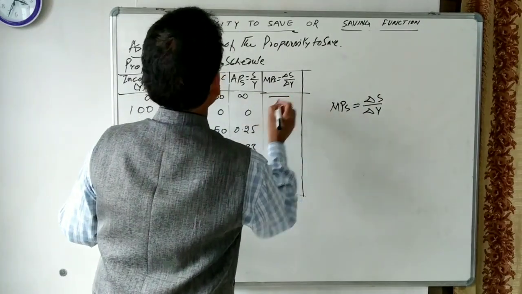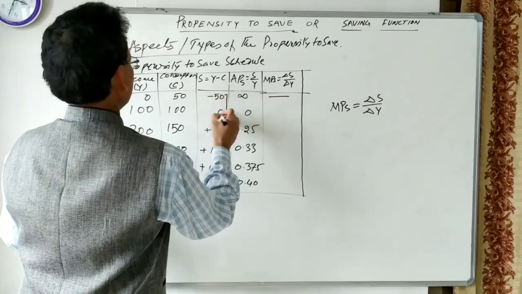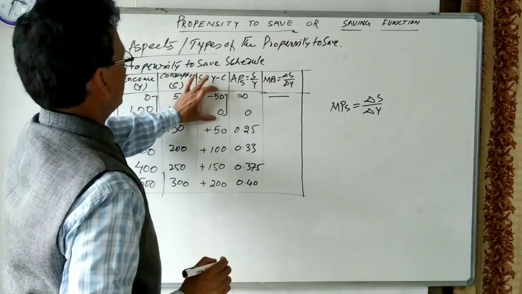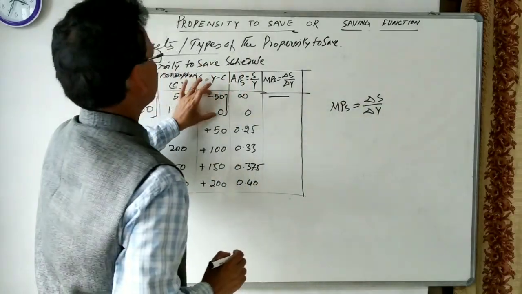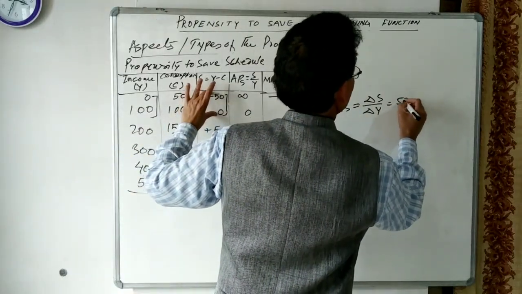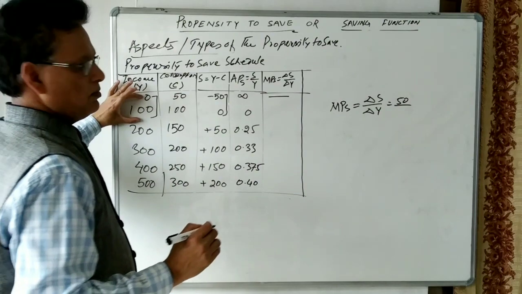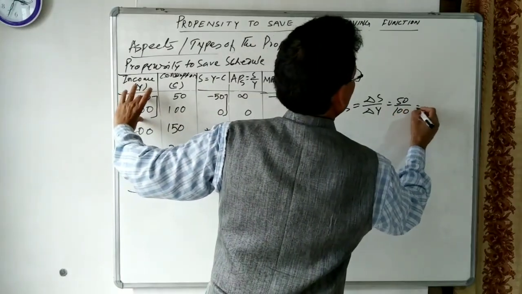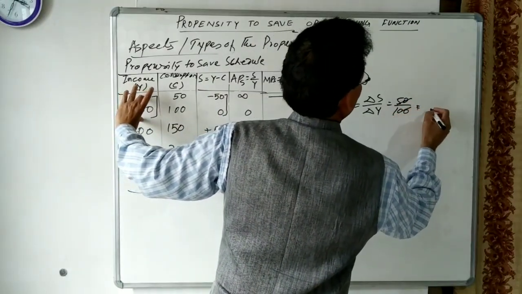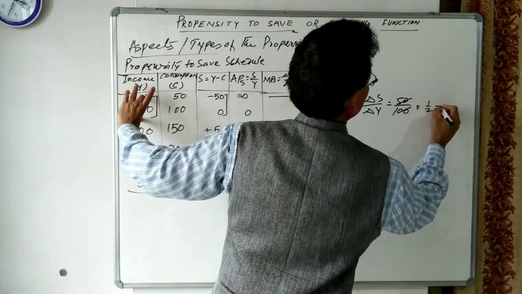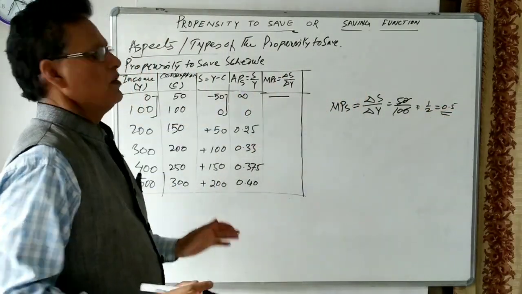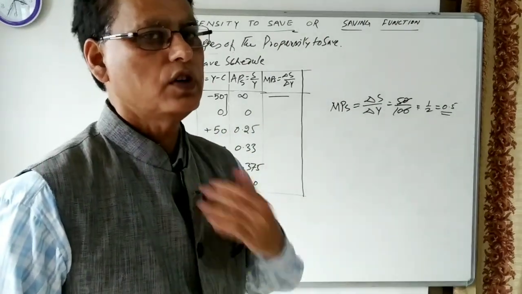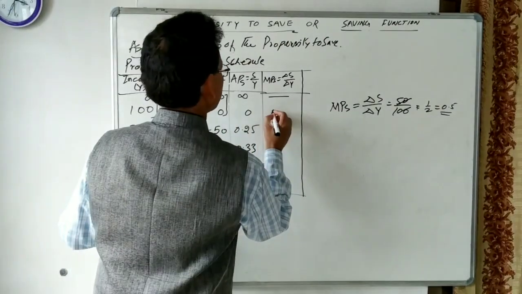It means increase in saving divided by increase in income. For this unit, how much is the change in saving? Change in saving is 50. Change in income is 100. So this is 1 upon 2, which is 0.5. 0.5 means 50% of the money will go for saving.